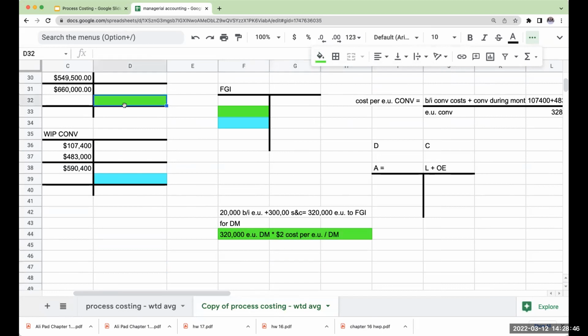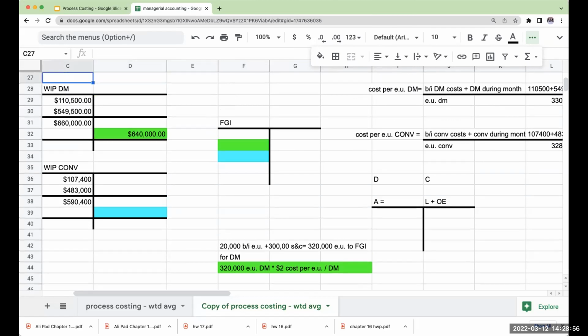So this is going to be 320,000 times 2, or 640,000. So I show this leaving work in process. I decrease my inventory with a credit, right? And then this is going to come over here to finished goods inventory.